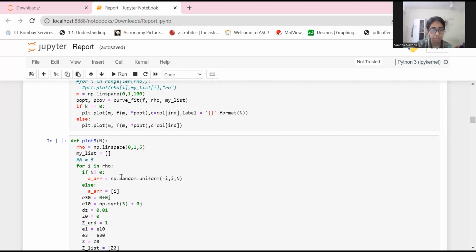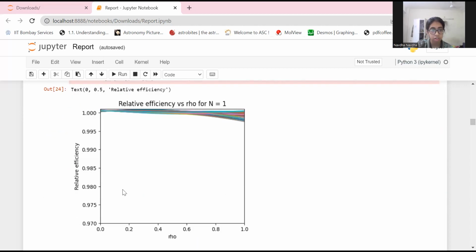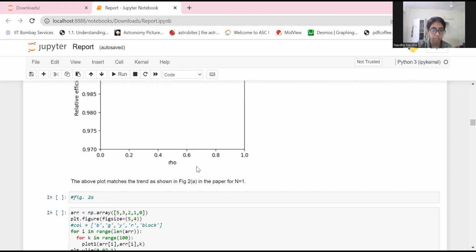From that interval, we randomly choose a set of coefficients which give us a polynomial delta k(z). Then from that polynomial, we solve the coupled field amplitude equations to obtain the relative efficiency. So this gives us a set of 5 points for each simulation on the plane of relative efficiency versus rho.